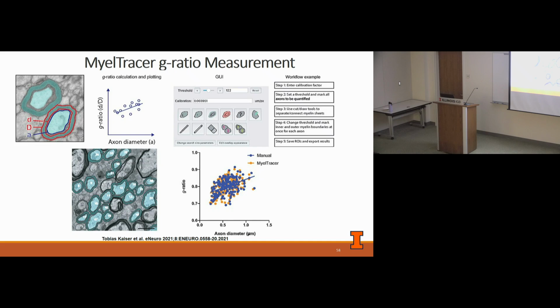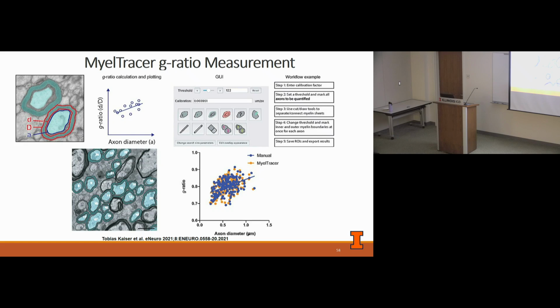Currently, what most people do is they use MyelTracer, and this is a purely manual segmentation. You draw a circle, or you paint the inner and then the outer, and tell the software which part is the myelin and which part is the axon, and then it will do the calculation for you.